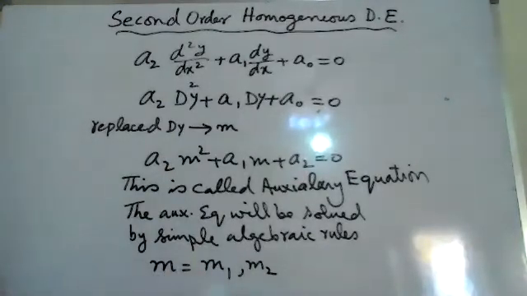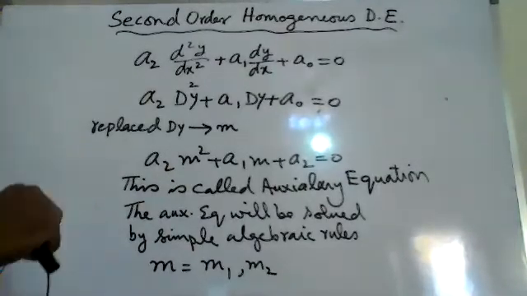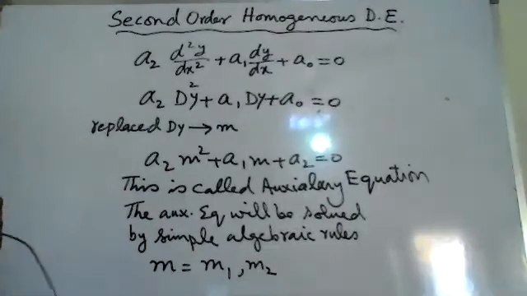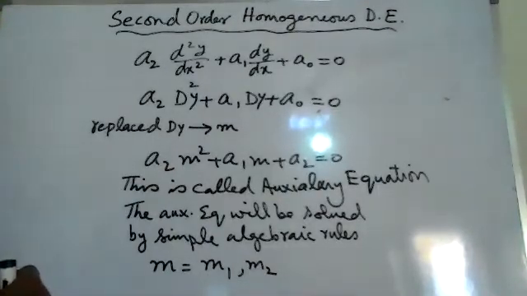Now there are three categories. M1 and M2 may be real and distinct answers.